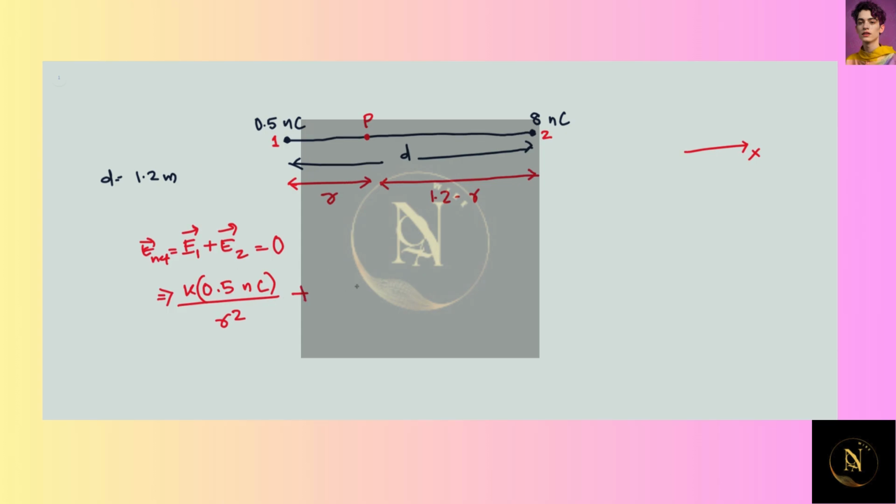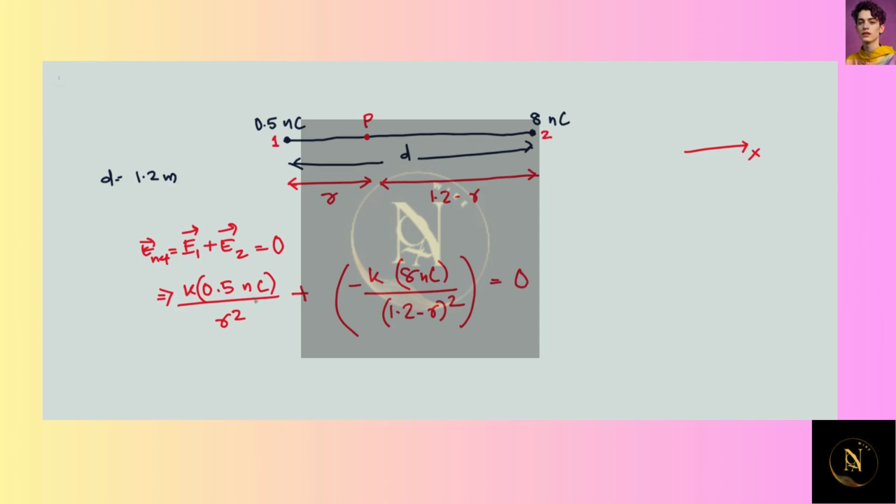Now E2 vector will be equal to k times charge over the square of the distance, and that is 1.2 minus r whole square. And this field at point P will point away from this charge because it's positive, so it will point towards the left. And hence, according to our assumed coordinate system, it will point in the negative x-axis, hence a minus sign before that.